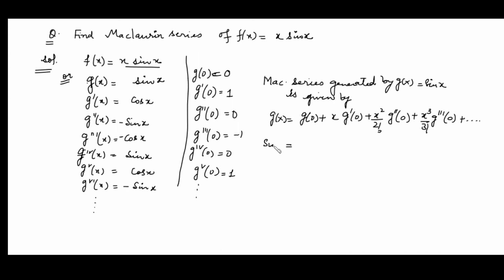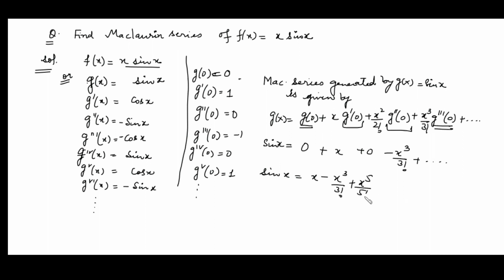So when we substitute g(x) is sin x, g at 0 is 0, g prime at 0 is 1. Now this is 0, this is minus 1, and so on. So what is the Maclaurin series for sin x? It is x minus x cube by 3 factorial plus x to the 5 by 5 factorial, and so on.